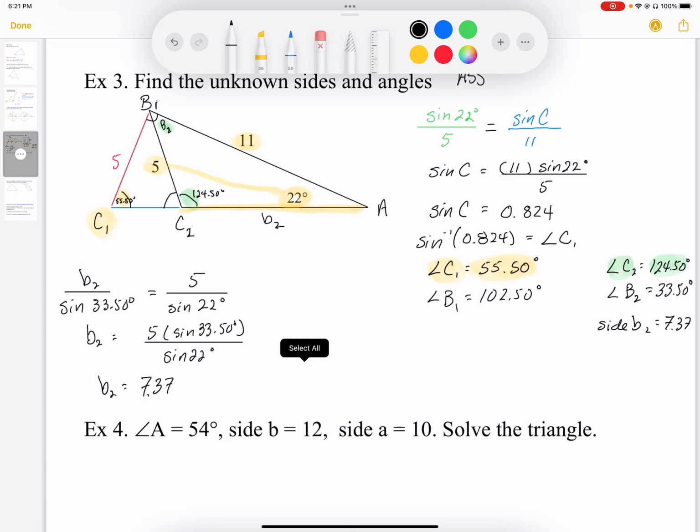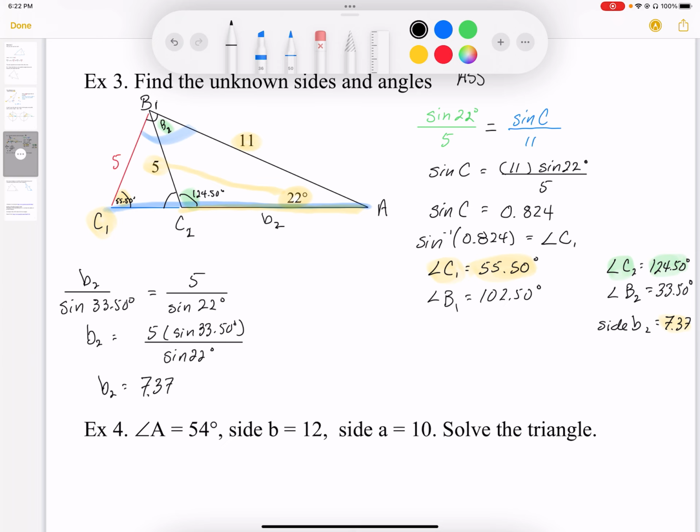Okay, and then the longer side, I'm going to highlight that. That's the length that we've got in yellow. And then the longer side is going to be this length here. This is going to be B1 all the way across from this angle here. So I'm going to do this in blue.